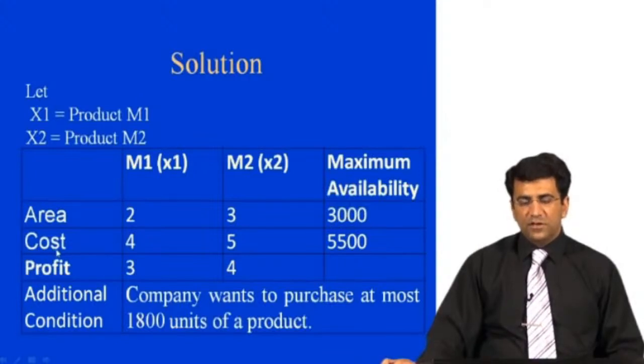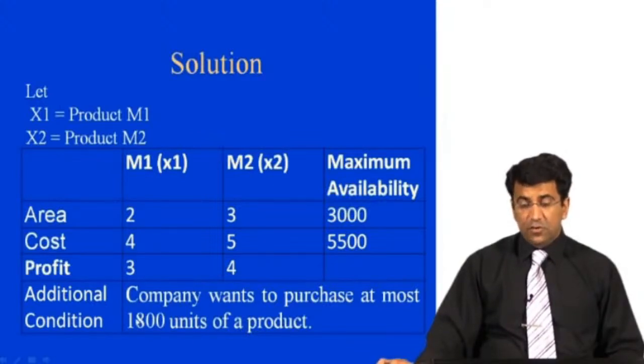Then again, for the cost, product M1 takes 4 rupees for producing and M2 takes 5 rupees for producing, and total resources available are 5500 rupees. We'll represent this information in the form of an inequality, and that will be 4x1 plus 5x2 less than or equal to 5500, and our profit function will be 3x1 plus 4x2. That will be our profit function.